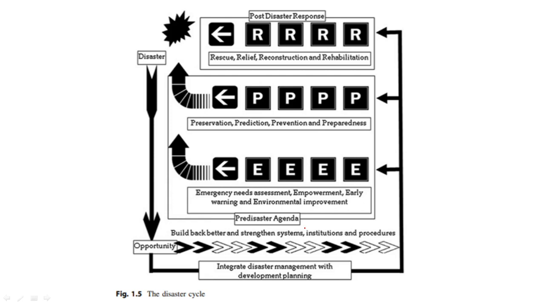Also, preservation, prevention, prediction and preparedness. How we can preserve our past information, as well as what the different mechanisms are for collection of the information, as well as the model which we are adopting for prediction should be very reliable. Whenever we get the prediction about any disaster, what are the preventive measures we can take?